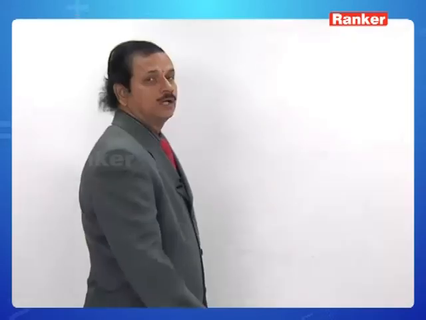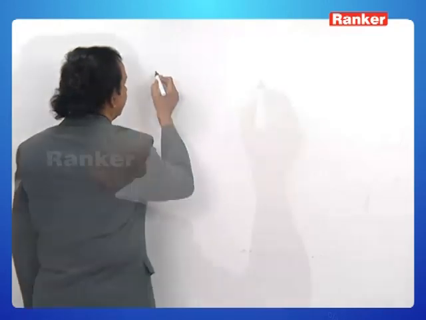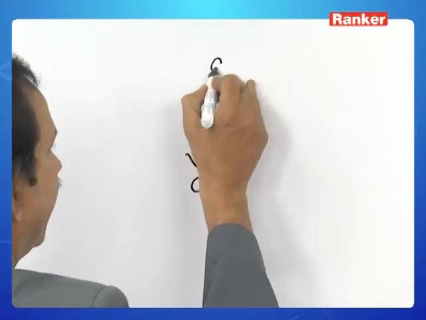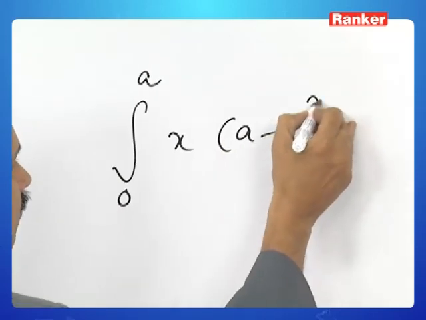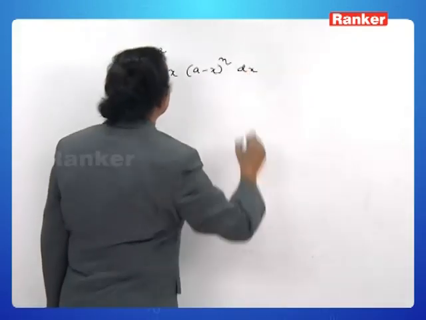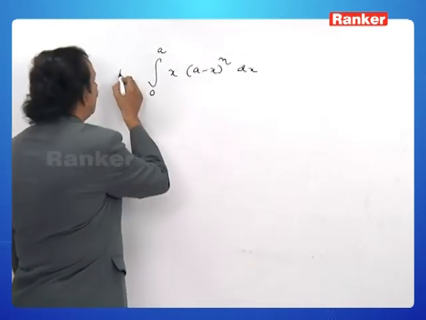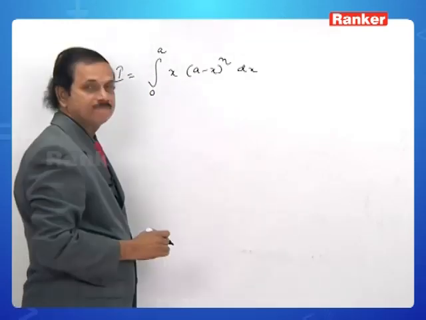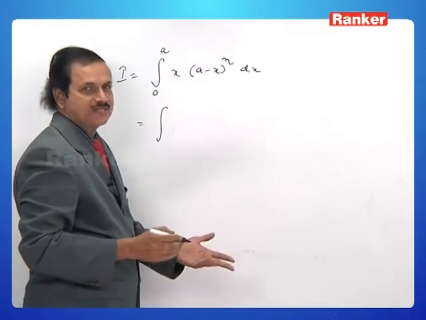The next one. One more standard result we like to derive. Integral 0 to a x into a minus x whole to the power of n dx. How to get it? Call this I. Now, I can replace x by a minus x, isn't it?